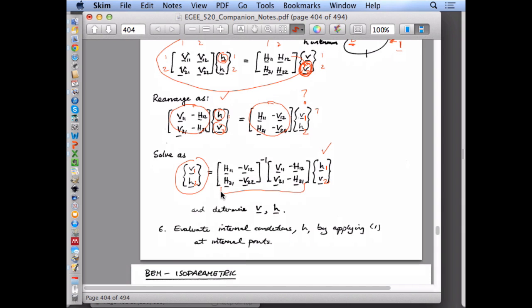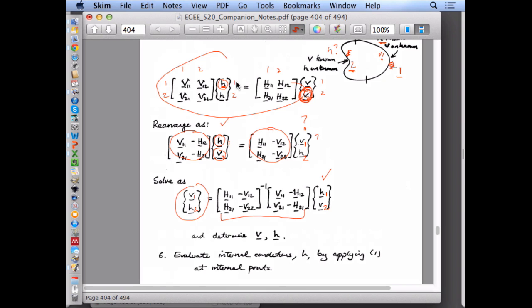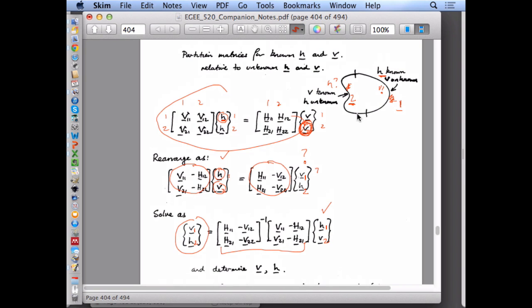But the other thing you could imagine here is that if you think about this matrix equation as we have it defined here, and if we write it as this, we could also write this expression as lowercase v on this right side is equal to the inverse of the upper H matrix, the V matrix, the big matrix, and the heads.